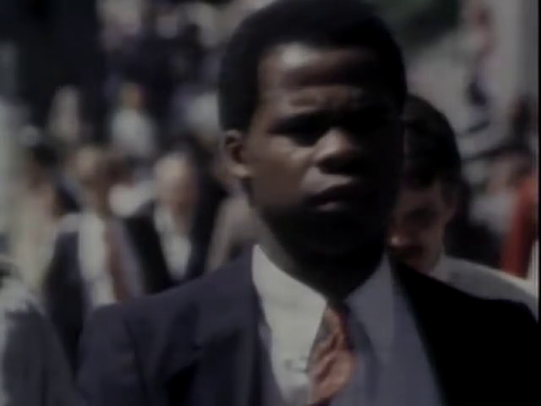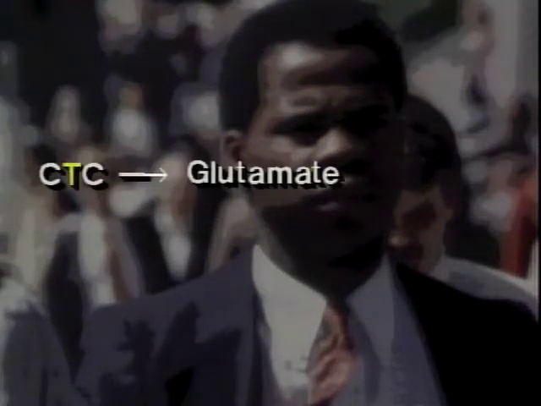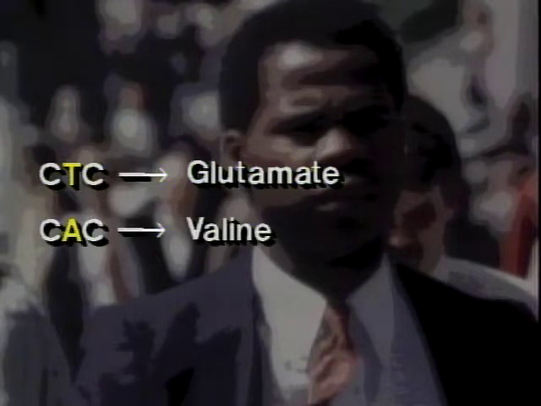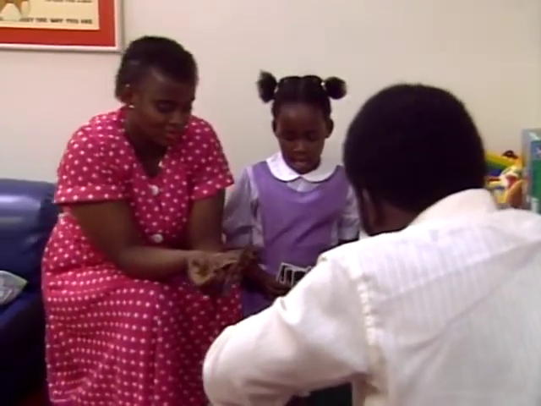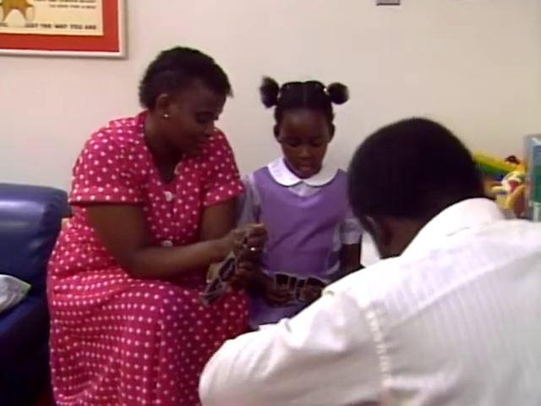The DNA base triplet CTC, which codes for glutamate in normal hemoglobin, has been changed to CAC, which codes for valine. This change in the genetic code is passed on from generation to generation.